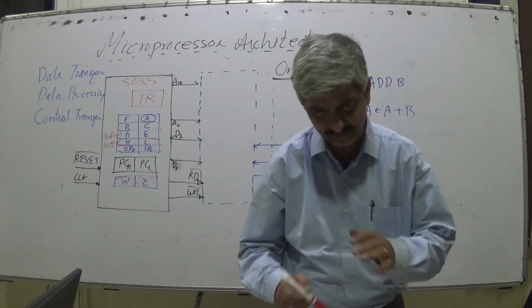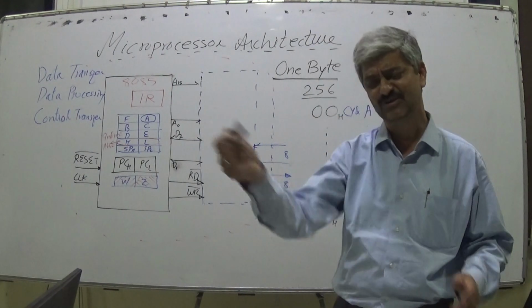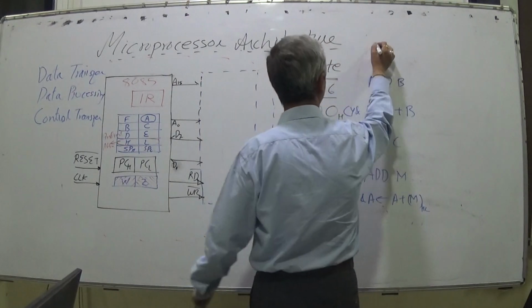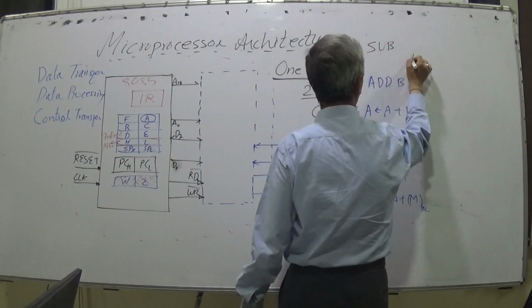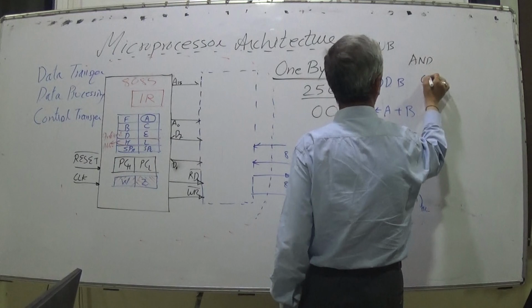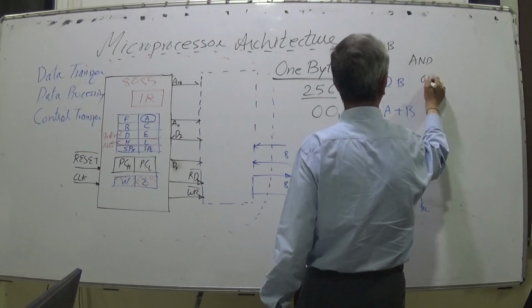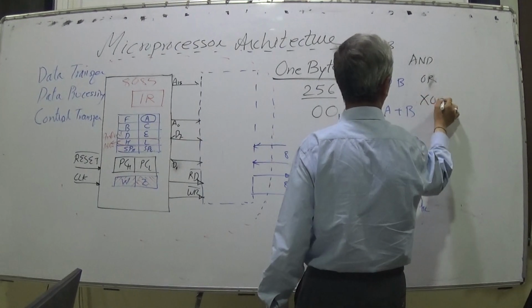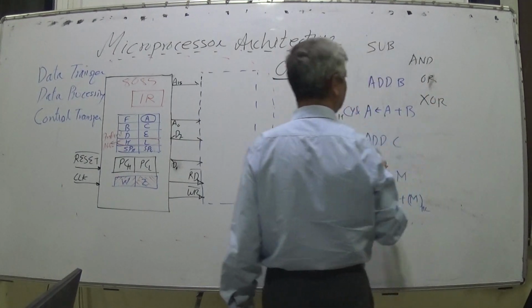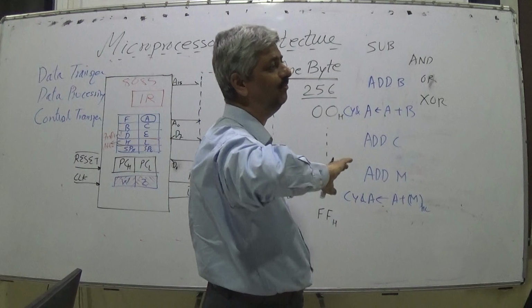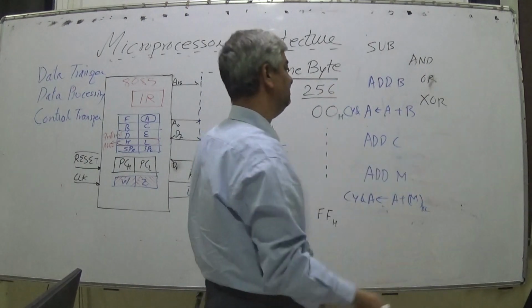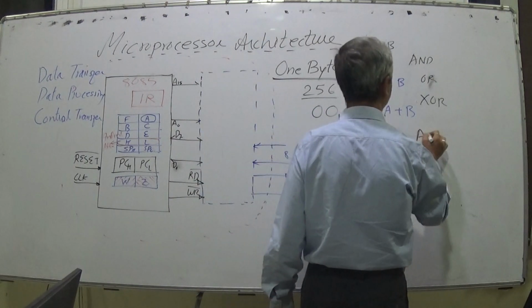Now there is no point in going into the details of various instructions. You can have add, sub, and, or, XOR. If you want 16-bit addition, then it is add with carry.